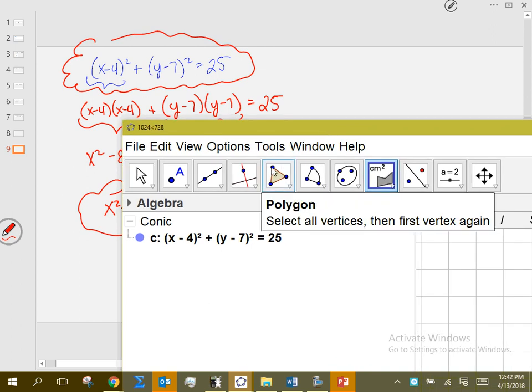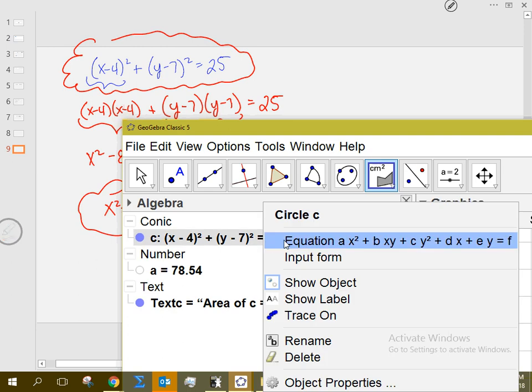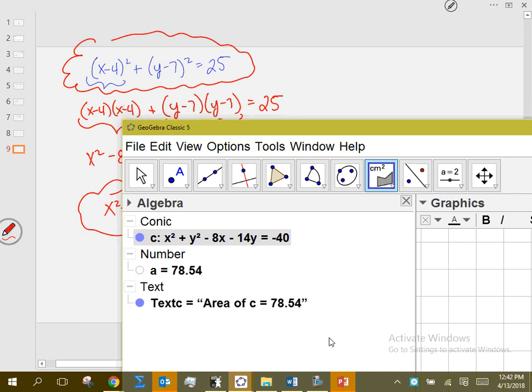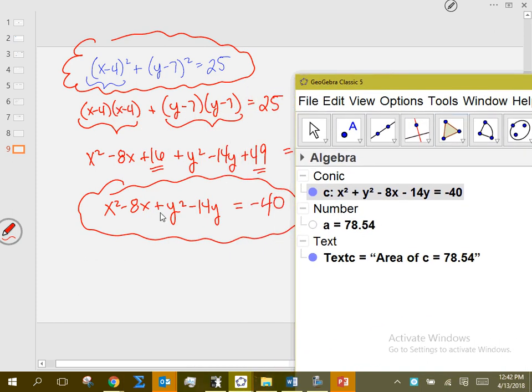All right, so I just typed in (x − 4)² + (y − 7)² = 25, right? GeoGebra allows me to change the format of the equation, and it changes it into that. Is that exactly what we came up with right here?